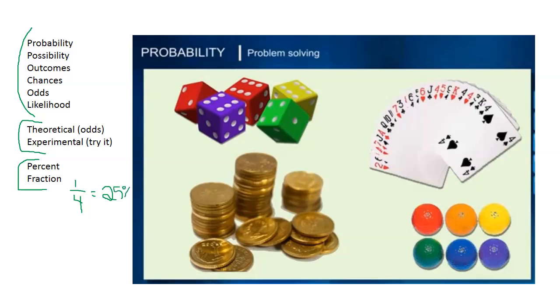Now, if you wanted to, you could also express that as a decimal. There's my decimal, 0.25. So there's actually 3 ways you could express probability, in addition to using all these words at the top, because they all mean the same thing, the probability.